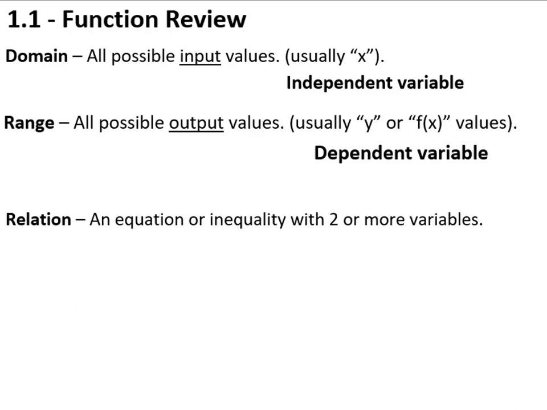Okay, so a relation is an equation or inequality that has two or more variables. So some easy examples might be an equation of a line, y equals 2x plus 4.